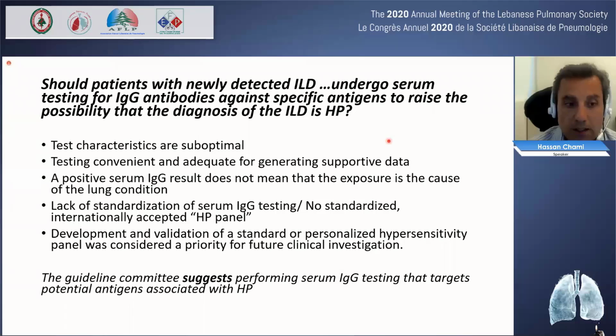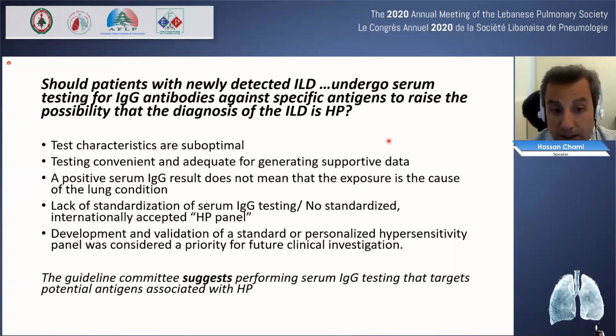However, they recognized that the testing would be convenient and adequate for generating supportive data, although there was a clear understanding that a positive serum immunoglobulin would not mean that the exposure is the cause of the lung condition, and the absence of them doesn't mean that the sensitization is not there.